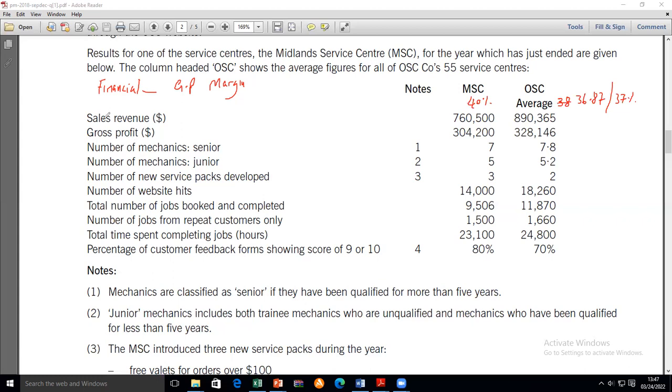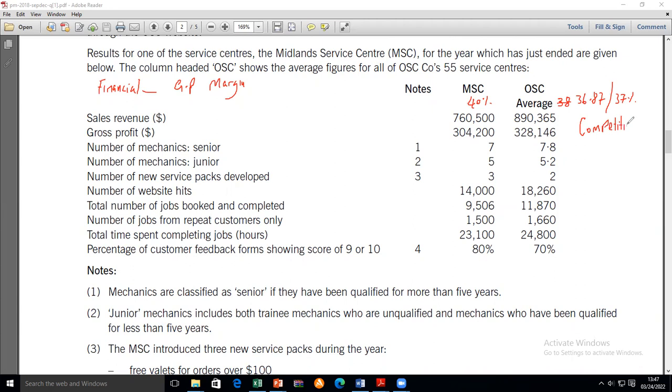Good. What of competitive? Are we competitive? How can you check that? Which ratio do we use to check whether we are competitive?